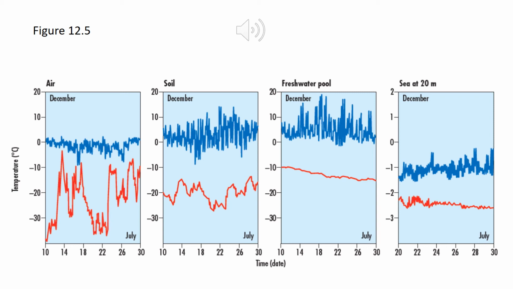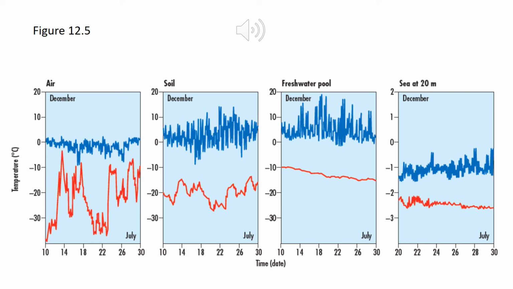That's also because, of course, the pool will be covered in ice, and there will be snow on top of the ice, and that's affecting the heat exchange between the freshwater pool and the atmosphere. It's effectively forming a barrier, and depending on the amount of snow that's on top of the ice, the buffering capacity of that barrier will be greater as well.